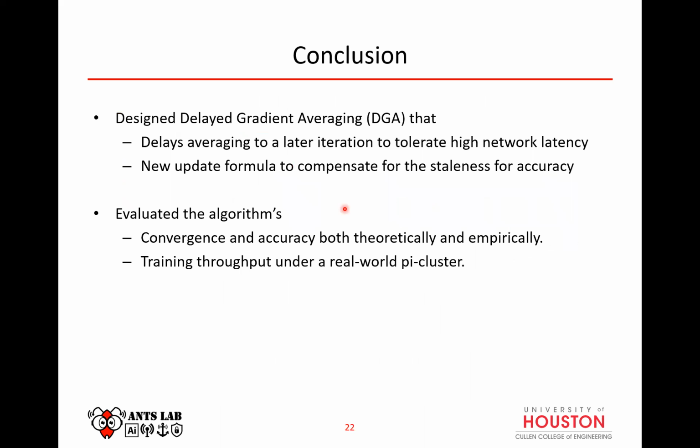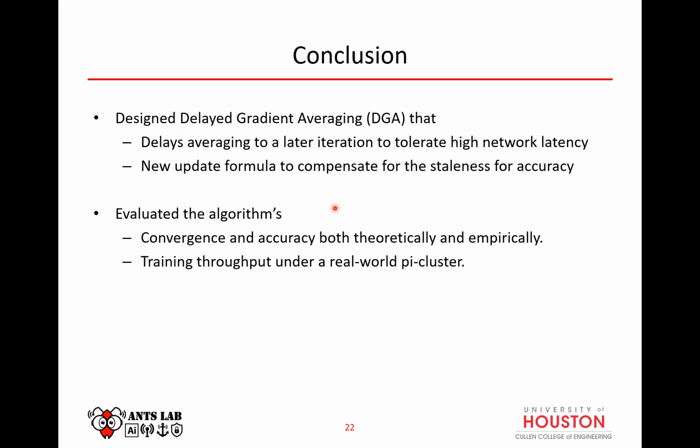Next, I have the conclusion, where we see that this paper designed the delayed gradient averaging method, which delays the averaging to a later iteration so that high network latency can be tolerated. They also proposed a new update formula, which can not only provide the update in terms of parallel computations, but also compensate for the staleness that comes from accepting stale gradients from the other devices.